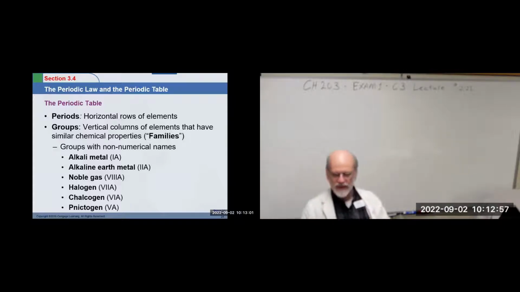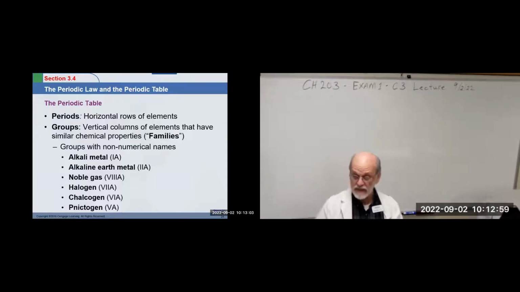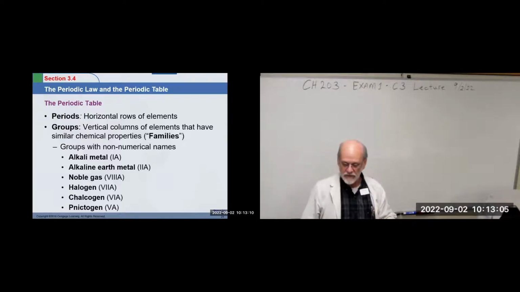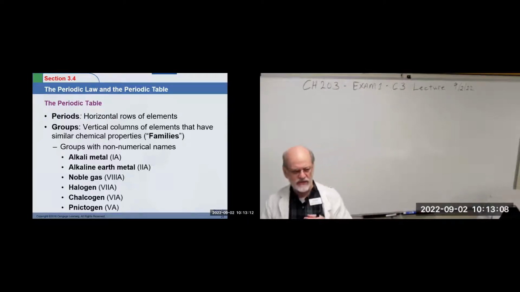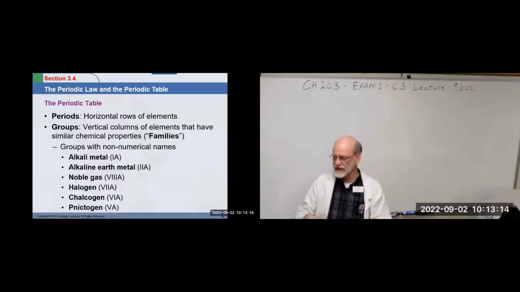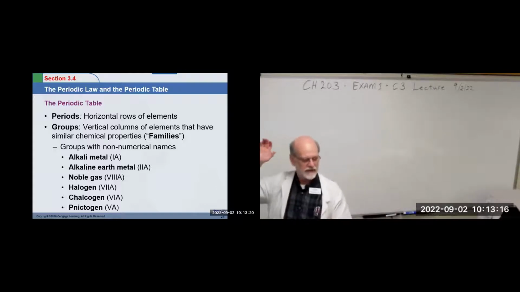That is an old way, the earlier way of numbering the groups. It has value, but now when I ask you to do that extra credit and fill out and create the periodic table, we use the modern way. So it's just left to right 1 through 18.